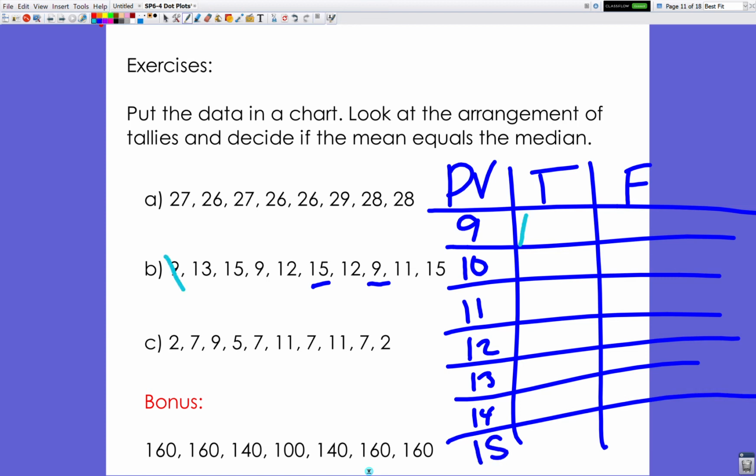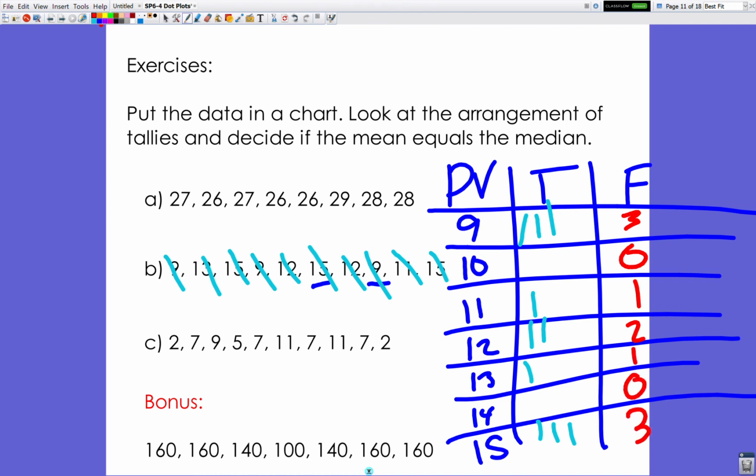Tallies, 9, 13, 15, 9, 12, 15, 12, 9, 11, and 15. And now we're ready for frequencies. 3, 0, 1, 2, 1, 0, 3.